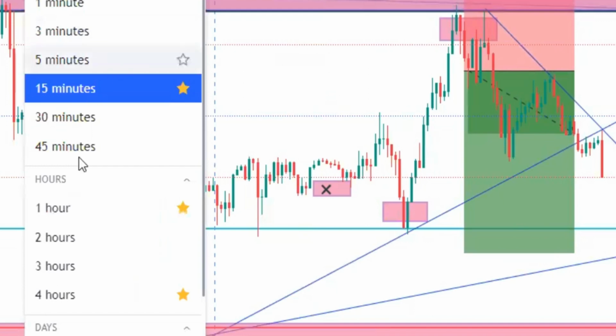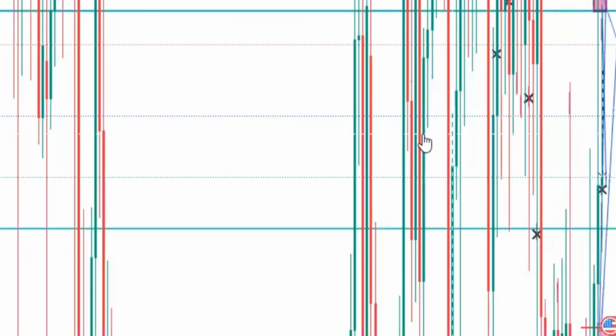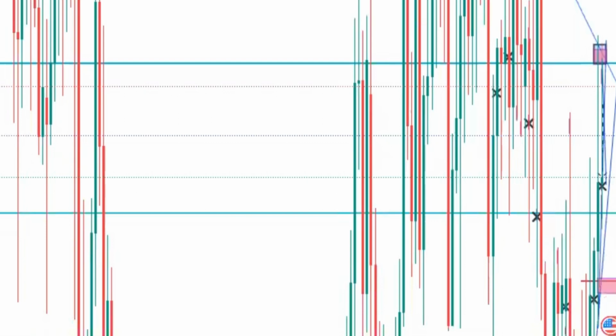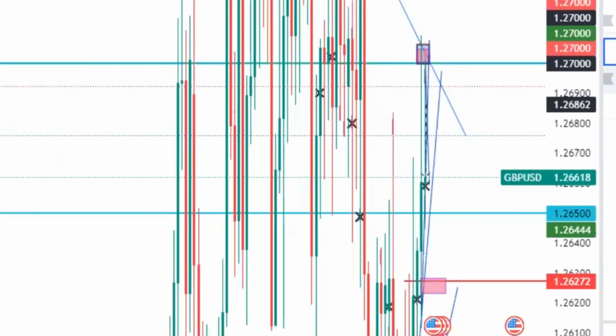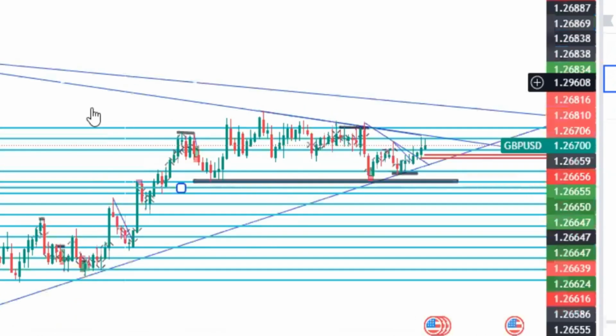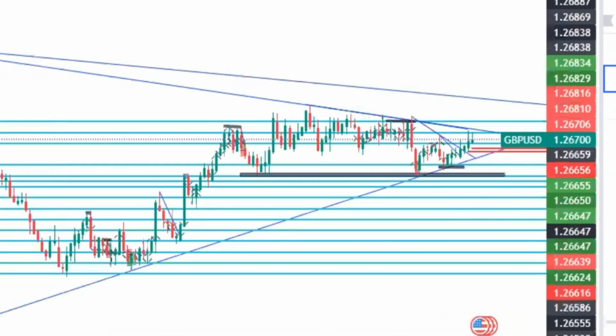First thing I do on GBPUSD is to go to my daily time frame. Let me clear everything on this chart.